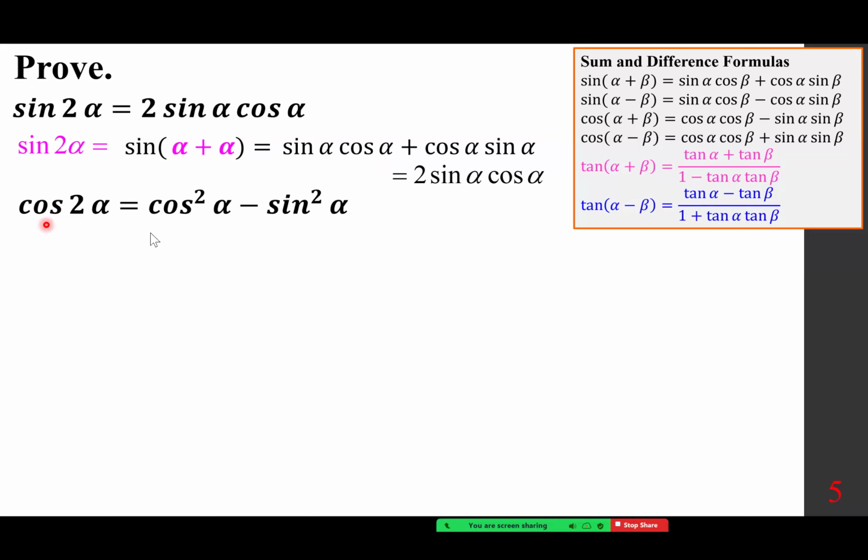We want to prove cosine of 2 alpha is cosine squared alpha minus sine squared alpha. So we are going to write cosine of 2 alpha as cosine of alpha plus alpha and use this. Cosine of alpha plus beta is cosine alpha cosine beta minus sine alpha sine beta, and replace the beta with alpha.